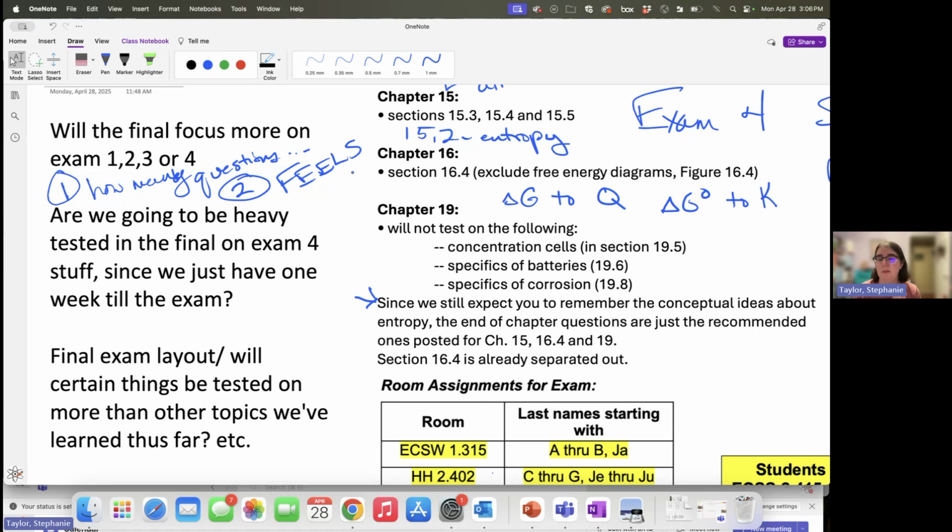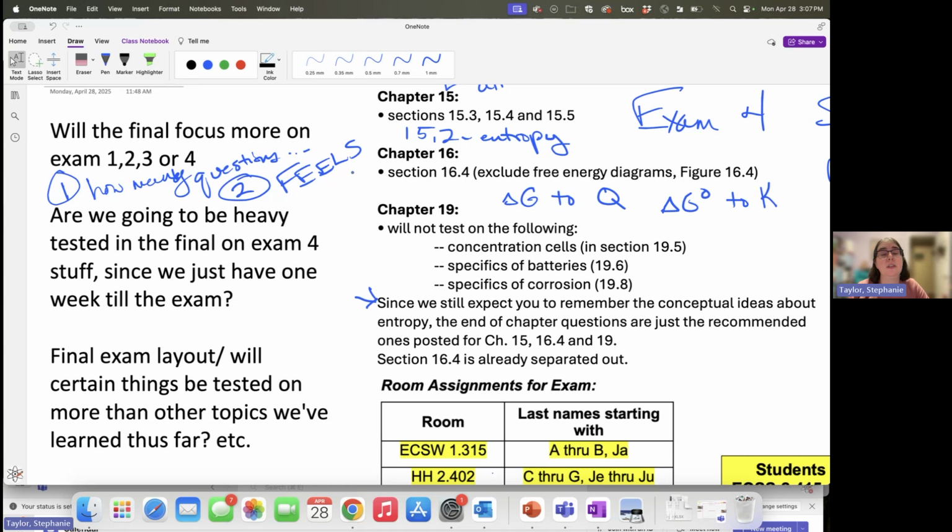And that's the same problem I have with this question, because first of all, we haven't written the final yet, so I don't really have this answer. But even if I had the answer, you're going to have a way that it feels.